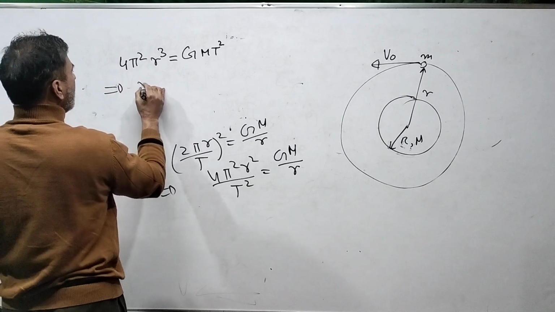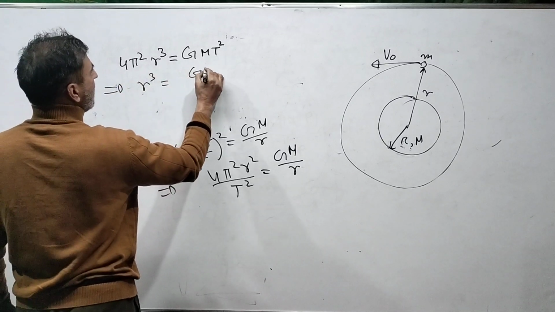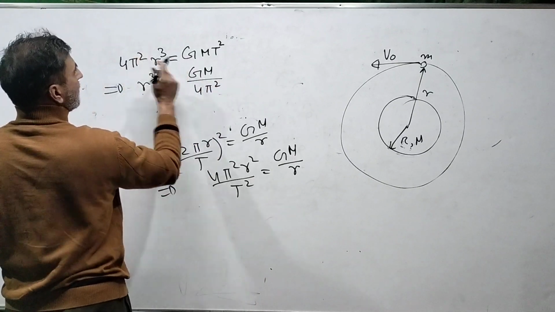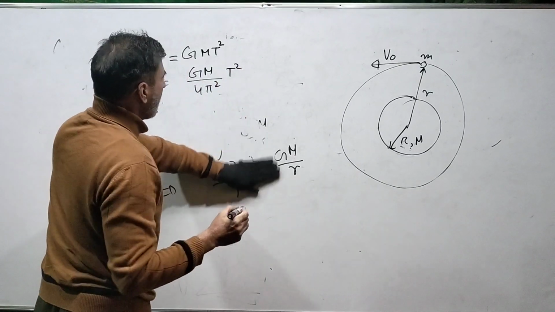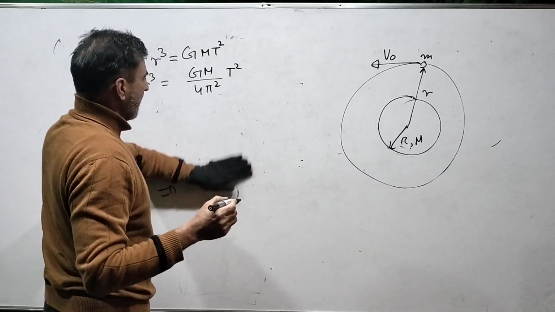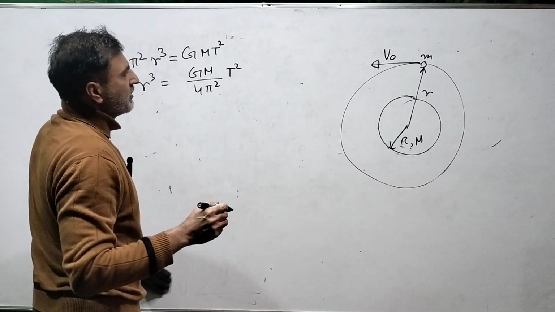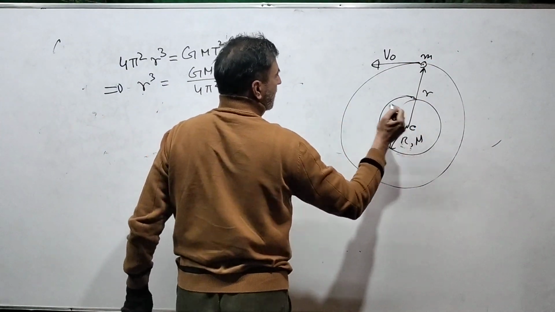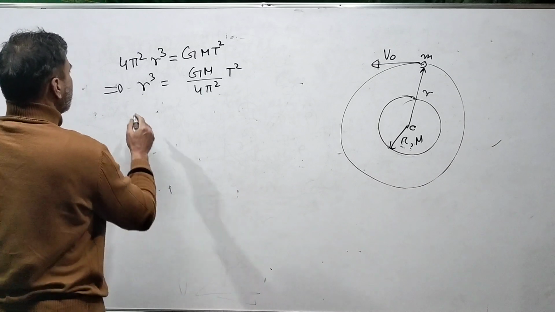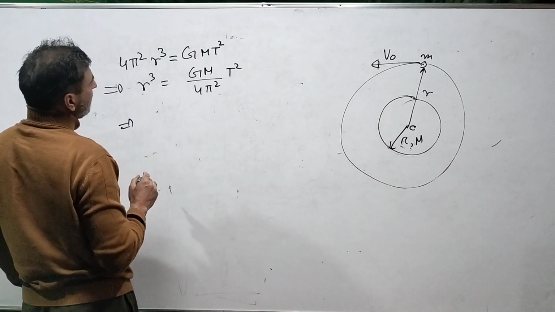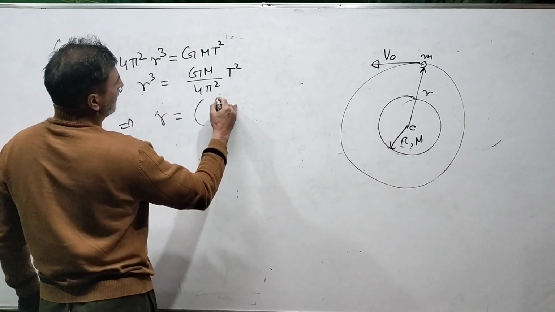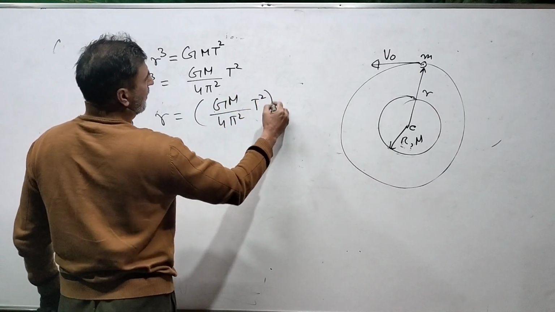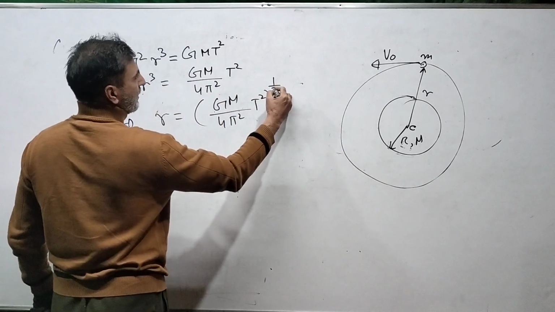Now r cube is equal to GM by 4 pi square into T square. Now what about r? The orbital radius of the satellite: how far away is this satellite from the center of the Earth? So r is equal to (GM T square by 4 pi square) whole raised to power 1 by 3.